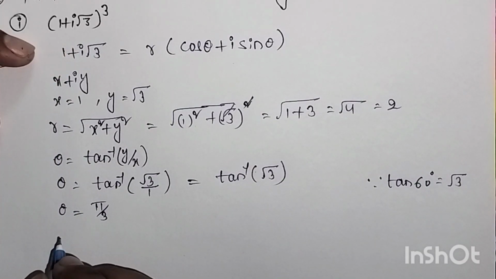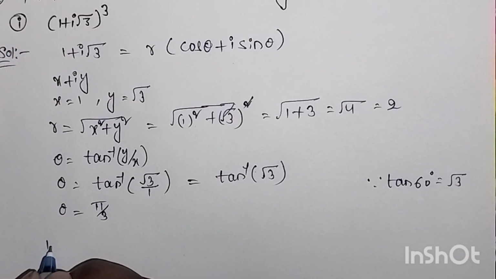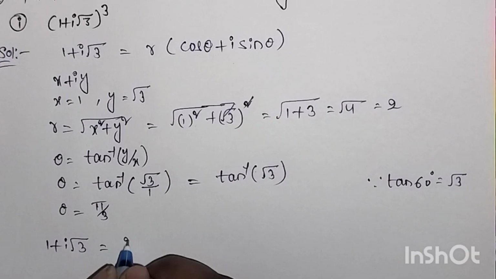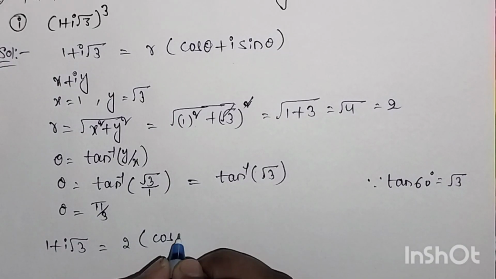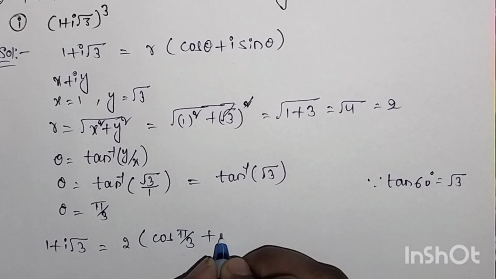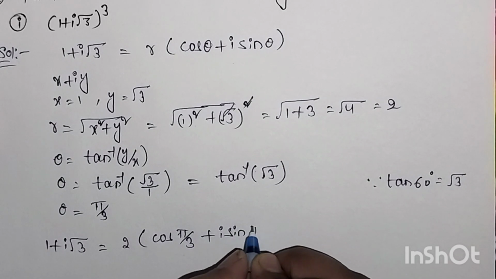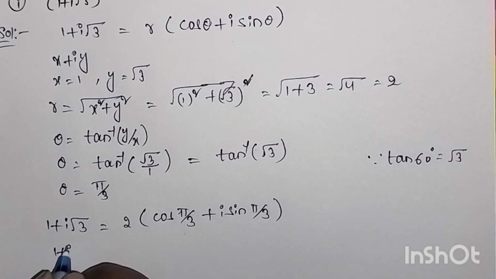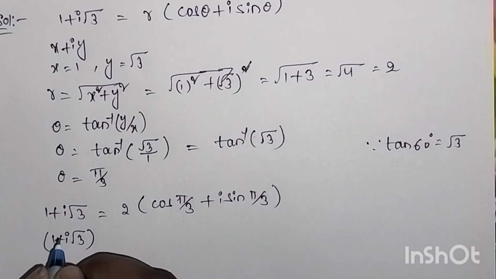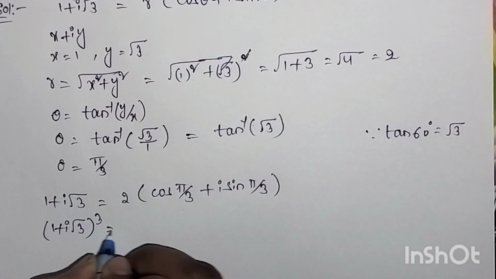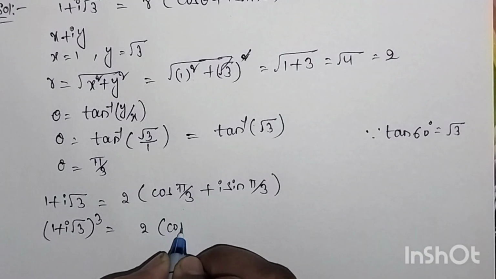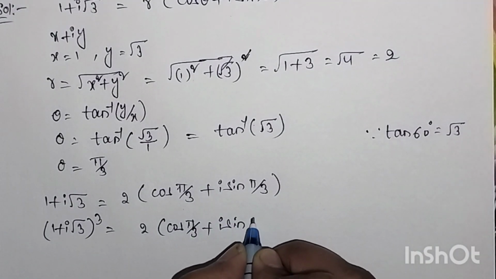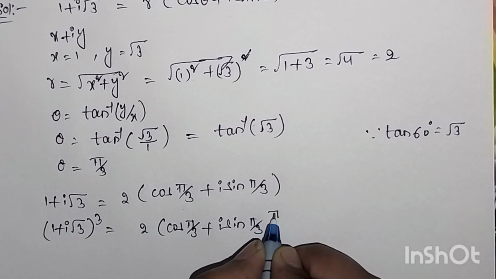So we can find the r value and the theta value. Then substitute in this. 1 plus i root 3 equals 2 of cos pi by 3 plus i sin pi by 3. So (1 plus i root 3) whole cube equals 2 of (cos pi by 3 plus i sin pi by 3) whole cube.